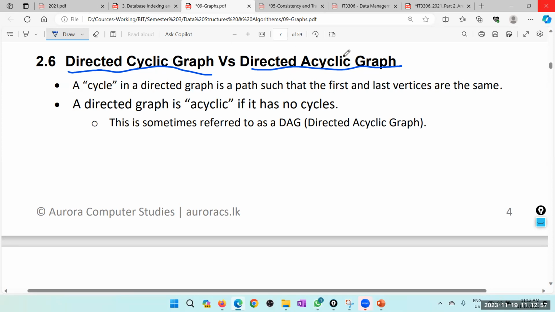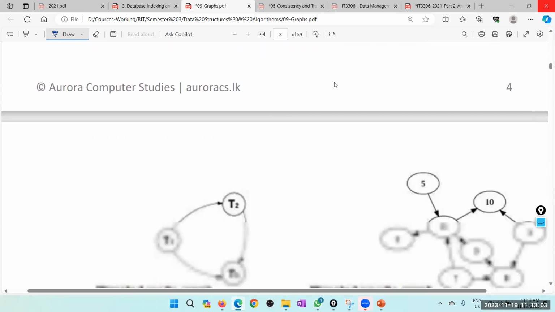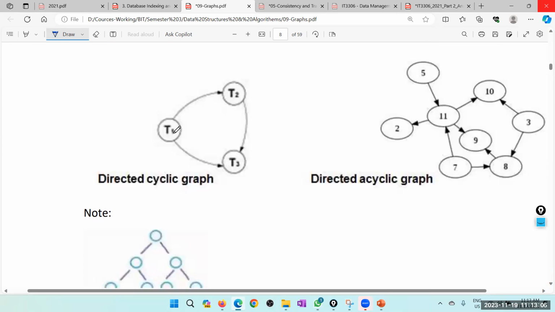If you have a directed graph that doesn't have a cycle, we say directed acyclic graph. This one is a directed graph and it has cycles, so this is a directed cyclic graph. And of course, if this is a schedule, drawn for the dependency of schedules, this is not conflict serializable.